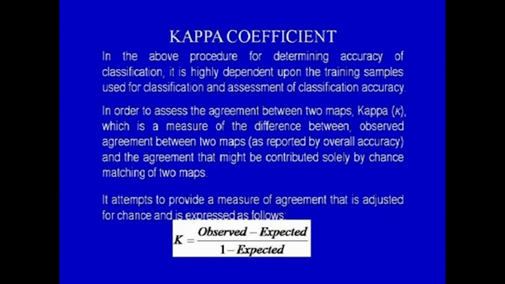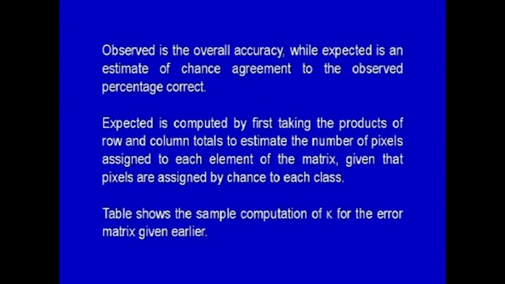It attempts to provide a measure of agreement that is adjusted for chance, and it is expressed as follows: k is equal to observed accuracy minus expected accuracy divided by 1 minus the expected accuracy. The observed is the overall accuracy and the expected is an estimate of the chance agreement of the observed percentage correctness.